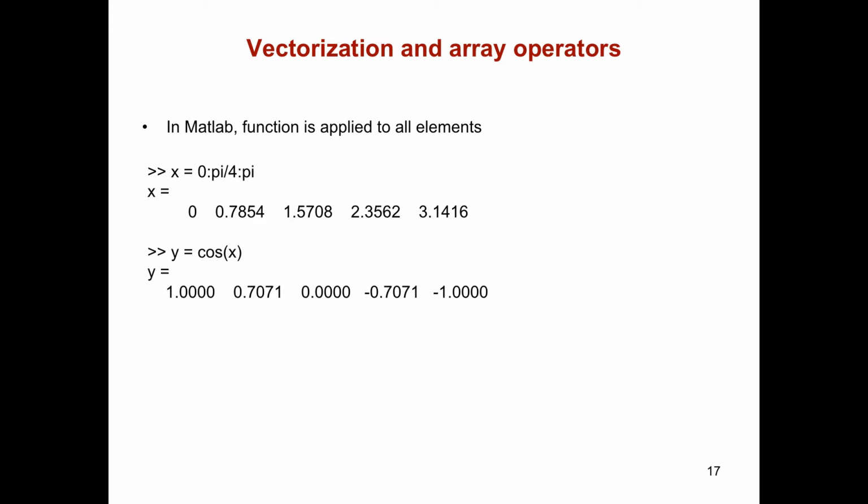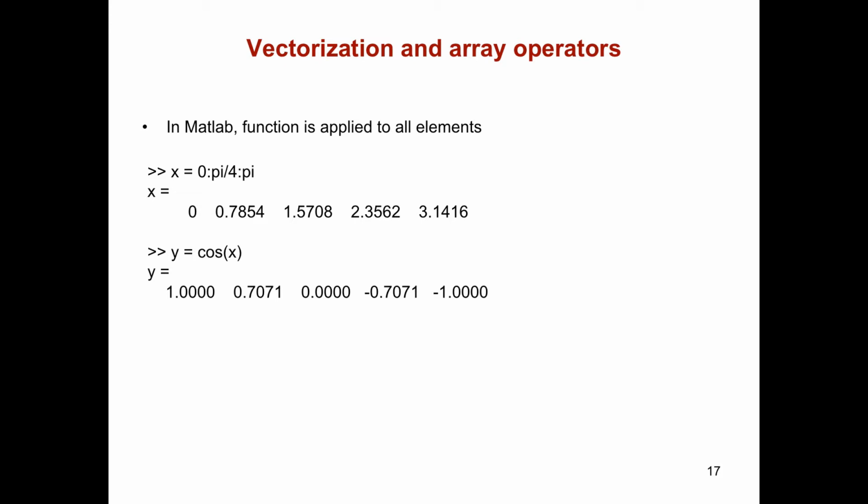Now, we have already learned about some niceties of Matlab and how it assumes things for you, for better or worse. One of them is that a lot of functions, if they can be naturally extended to apply to every vector element, they are.